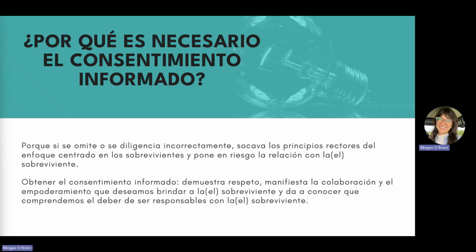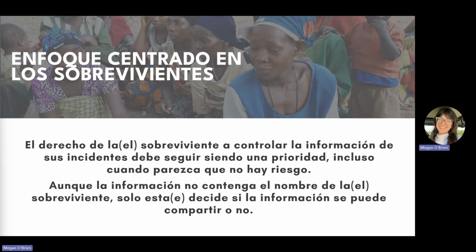It shows the survivor we intend to be collaborative and empowering, and it shows that we understand the need to be accountable to the survivor. The rights of the survivor to control their incident data must remain a priority, even when it seems like there's little risk involved. Even if data does not include the survivor's name, it is the survivor's decision if their information will be shared or not.